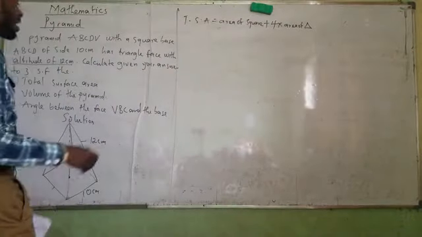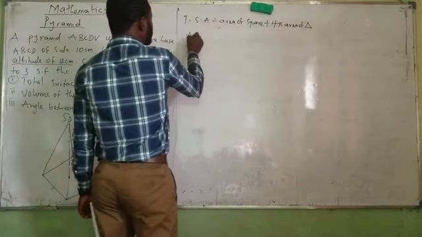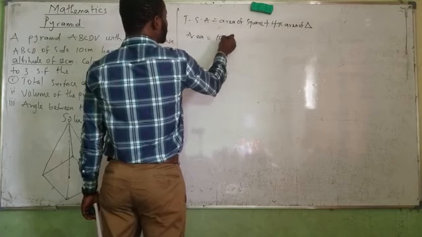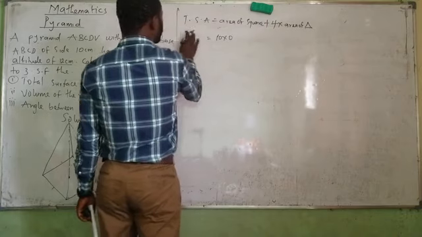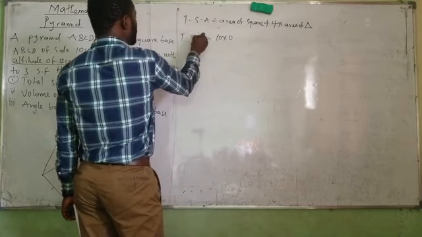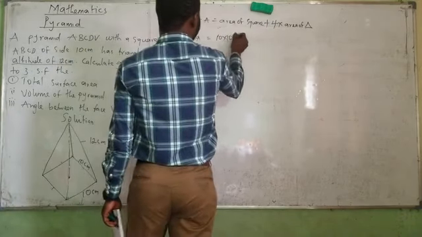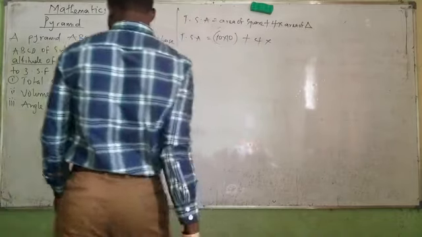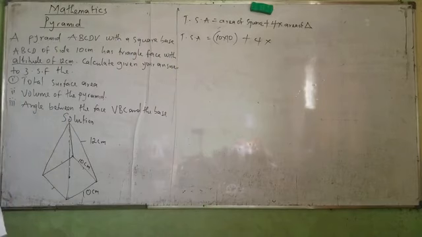Now, what is the area of my square? Area of square is 10 times 10. Total surface area is 10 times 10, which is the area of the square, plus 4 multiplied by area of this triangle.